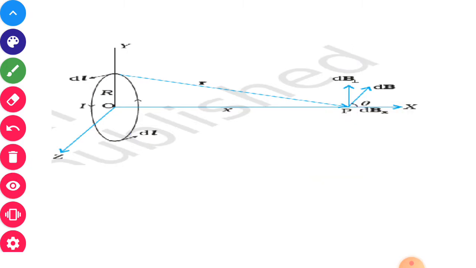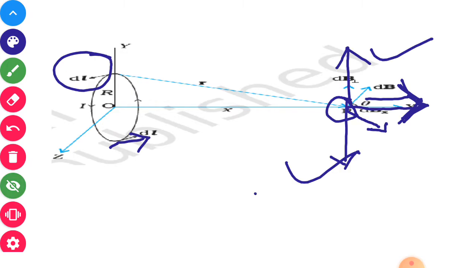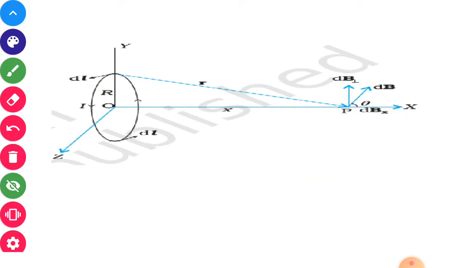Here this angle which I have shown is theta, and the angle made by this vector r with this radius is also theta, as shown in that particular different video.